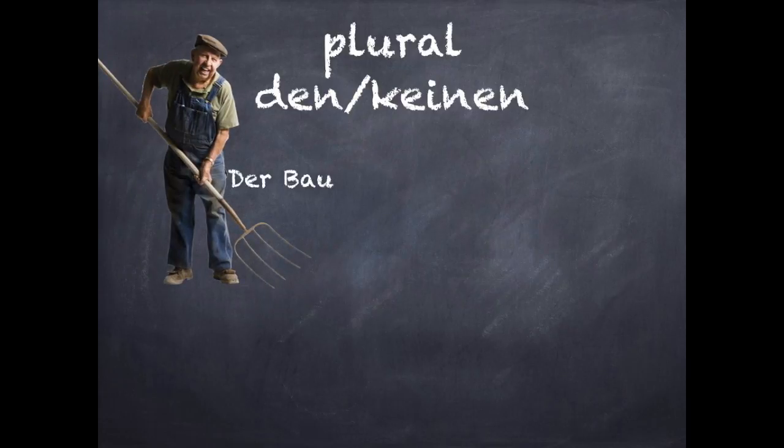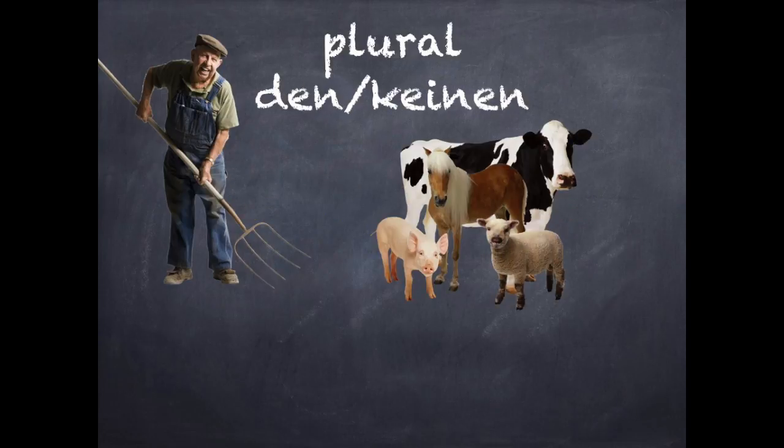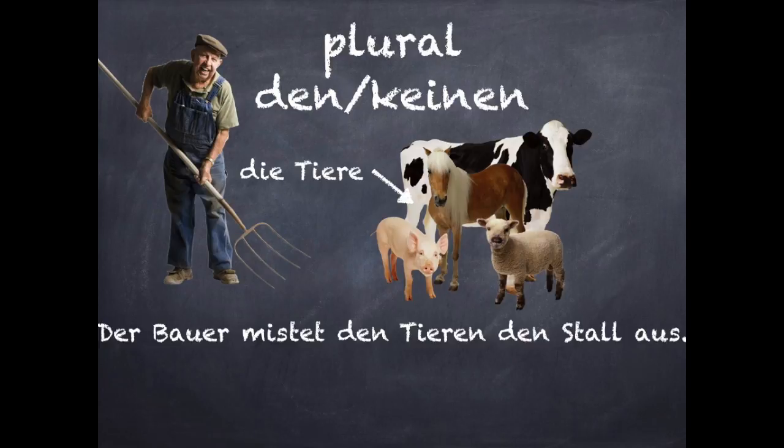Last, we have an example for the plural, and the articles are den or keinen. Since we don't have the indefinite, we have the negated version. Der Bauer mistet den Stall aus. So the subject is der Bauer, and den Stall is the direct object. So he's cleaning out the stable. So we're adding in the animals, die Tiere. So that's who he is doing that for. So der Bauer mistet den Tieren den Stall aus.